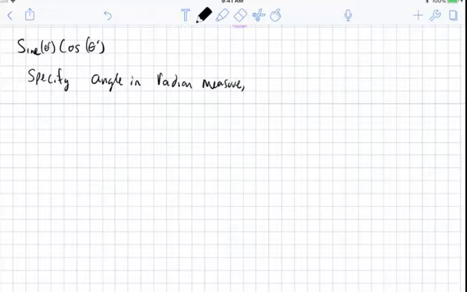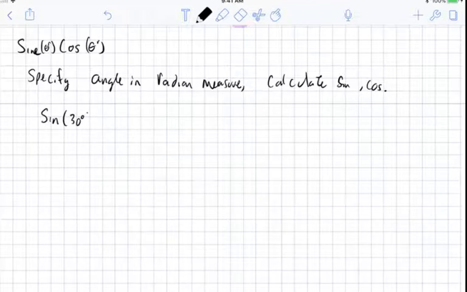And then calculate sine and cosine. It's not that tricky. Let's try it with our calculators first off. At the start of this, I mentioned that sine of 30 degrees should equal 0.5. Let me check that again. In degrees, sine of 30 is equal to 0.5.